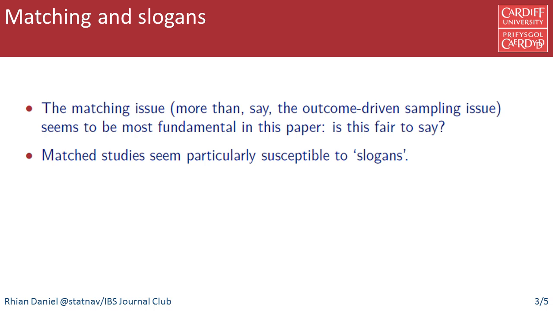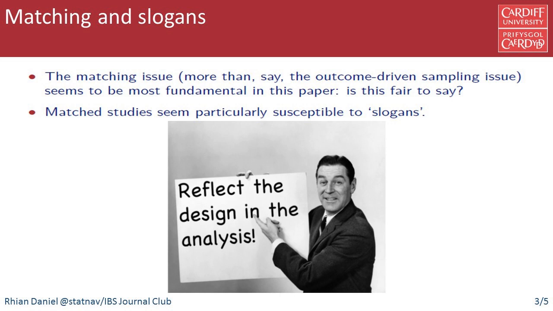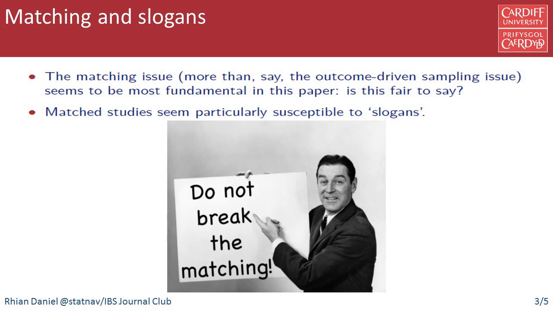So I advance to the next frame to show an example of these kinds of slogans: you must reflect the design in the analysis when you have a matched study. And if I advance again, we get another slogan, do not break the matching, and this is mentioned in the paper by Sean and Ruth.